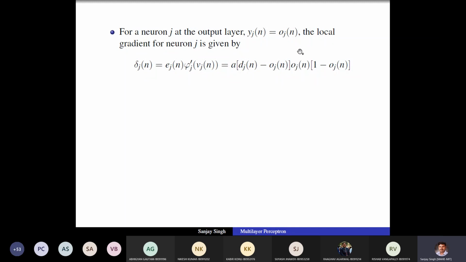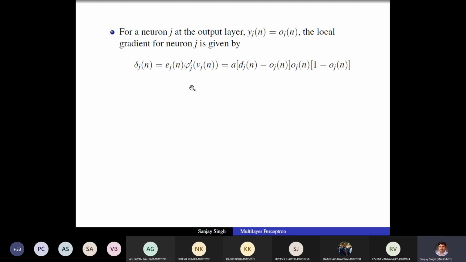We are considering that if the neuron is taken from the output layer, the output we are considering as yj. Yj is nothing but the oj. This is the output value only. So the local gradient is a times ej times phi j prime. This was the formula for the local gradient for a neuron at the output layer.